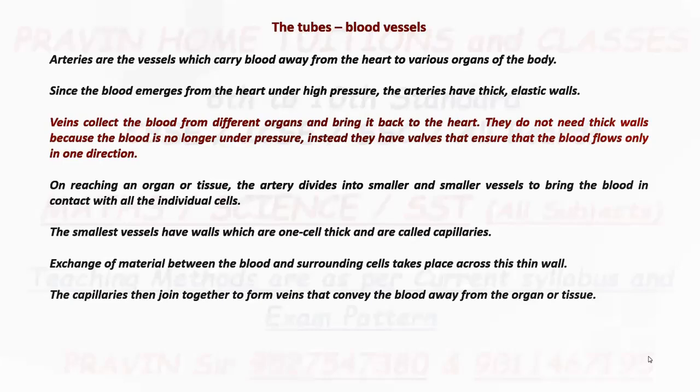Deoxygenated blood from all the organs is collected by veins, and veins supply this deoxygenated blood to the heart. As deoxygenated blood has normal pressure, veins don't require thick walls, they have thin walls.